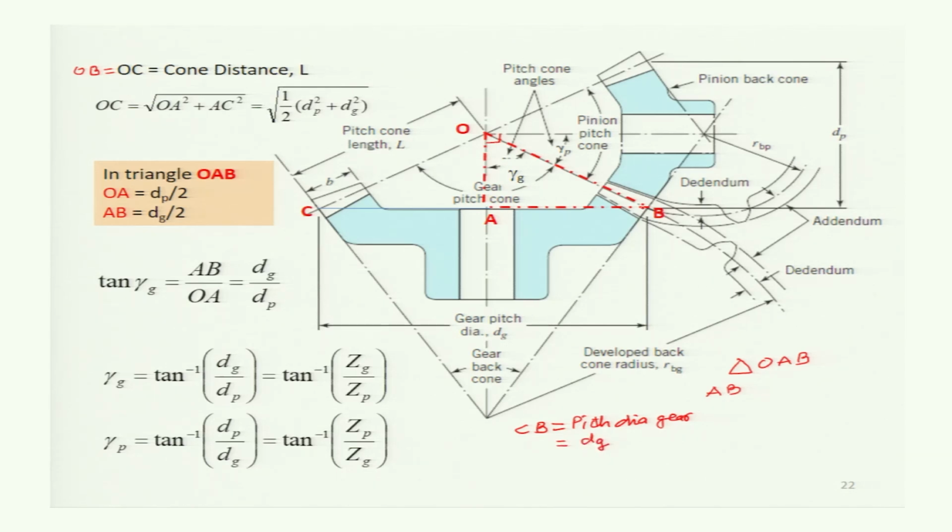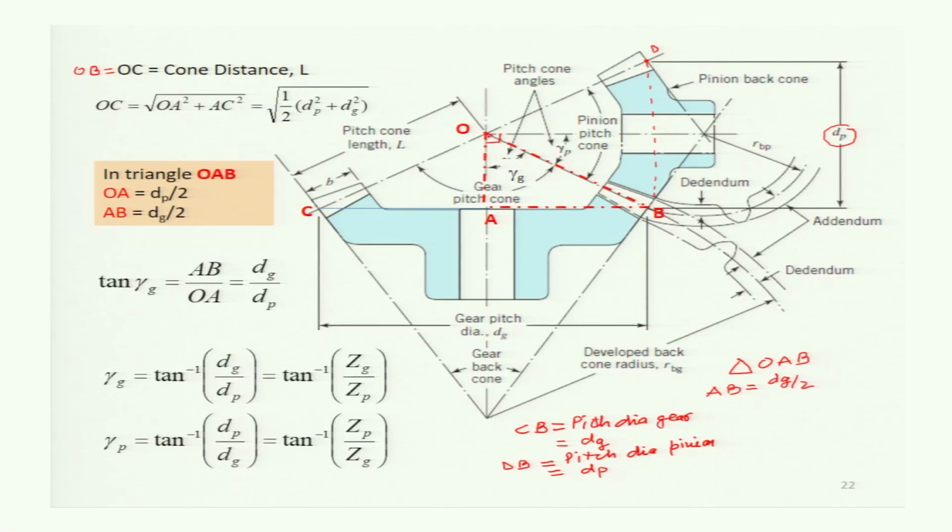So AB is DG divided by 2. Now what is OA? OA is half of the pitch diameter of the pinion, because if this point is taken as capital D, then DB is the pitch diameter of the pinion, represented by DP.